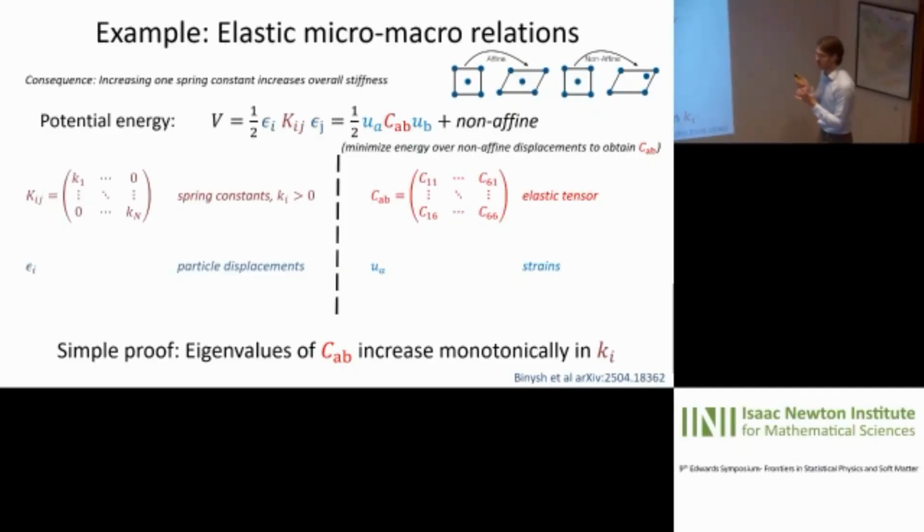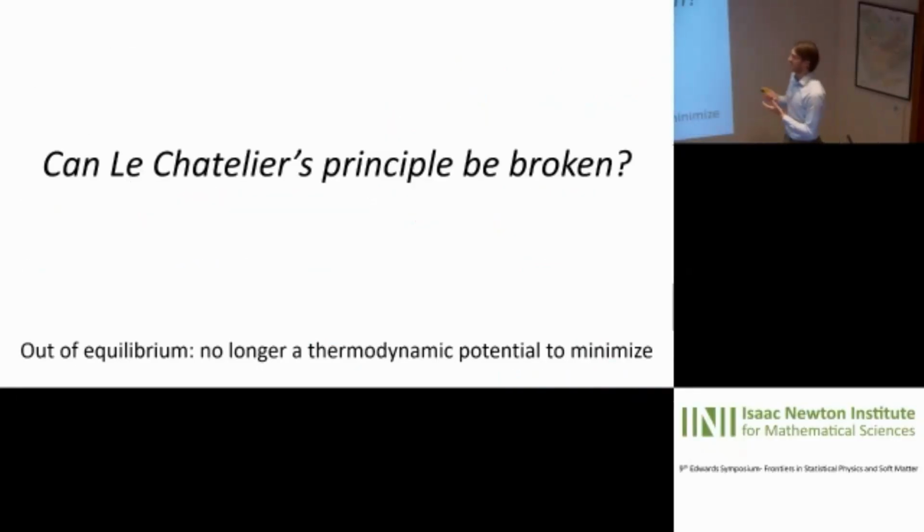Okay, so this is perhaps all very obvious and very intuitive, but what a lot of us do in the mechanical metamaterials community is think about things that happen in, for example, equilibrium, and try to break them. And that's maybe less obvious.